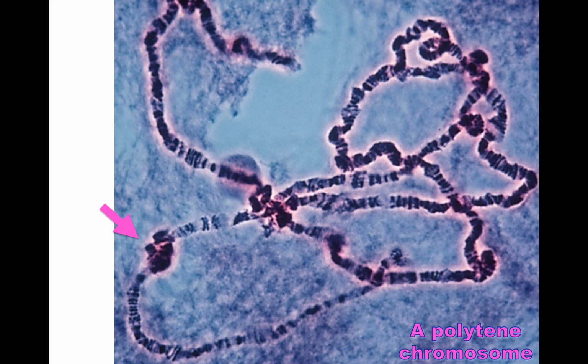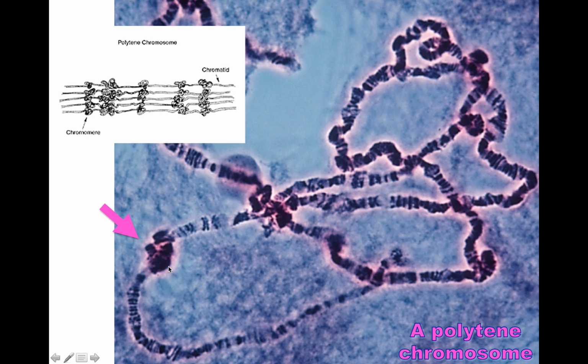Here's an actual picture of a polytene chromosome from a Drosophila salivary gland stained with a dye that picks up chromatin structure. So you can see distinct bands here. Now there are also these regions that look puffy. They're called chromosome puffs, and they are active regions of the chromosome that are producing messenger RNAs that will be translated into protein.